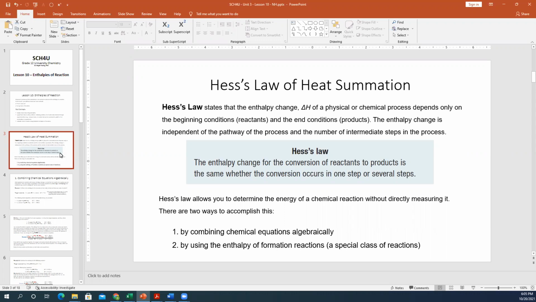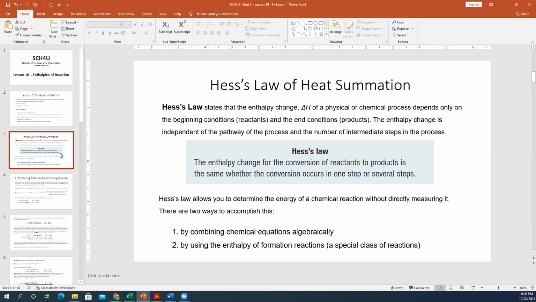So the enthalpy change for the conversion of reactants to products is the same whether the conversion occurs in one step or in many steps. And this law allows us to determine the energy of a chemical reaction without actually having to directly measure that exact reaction's energy.